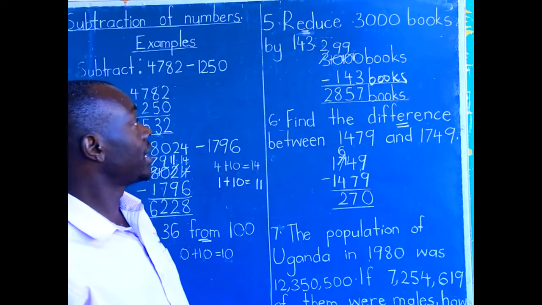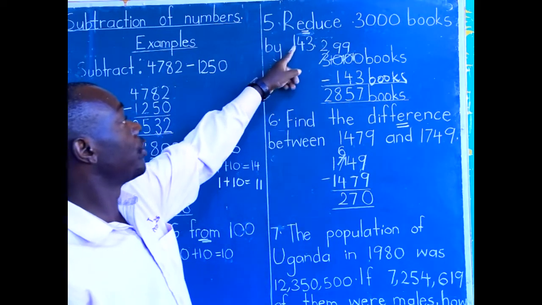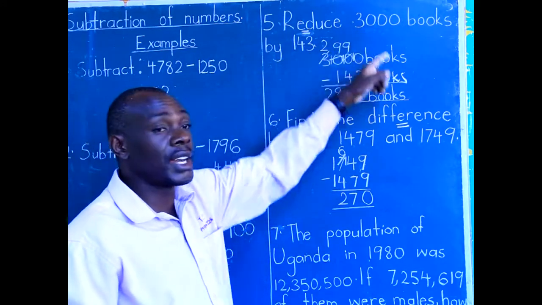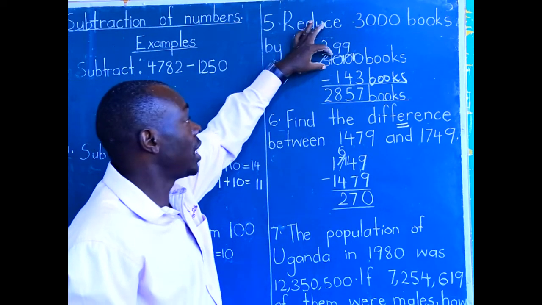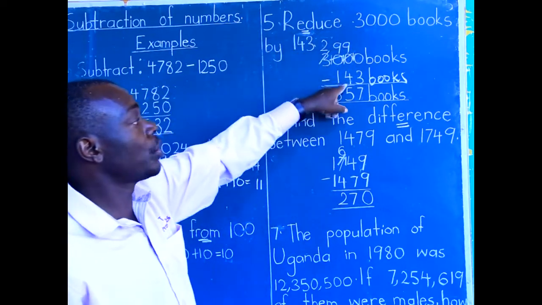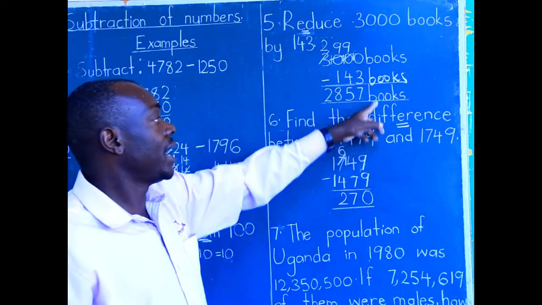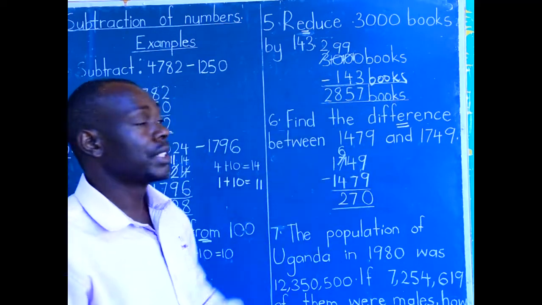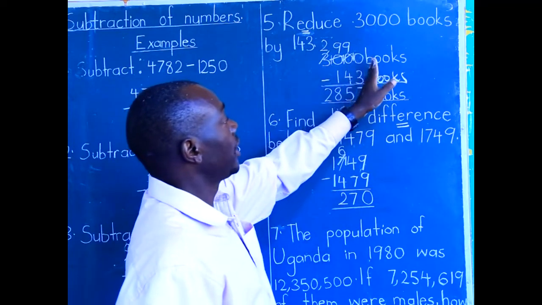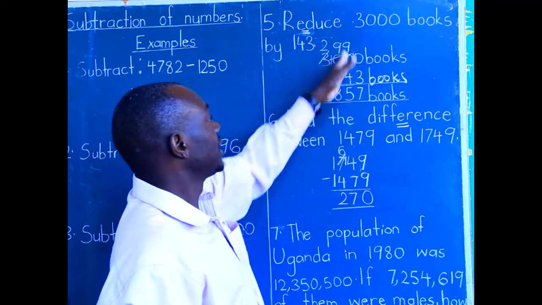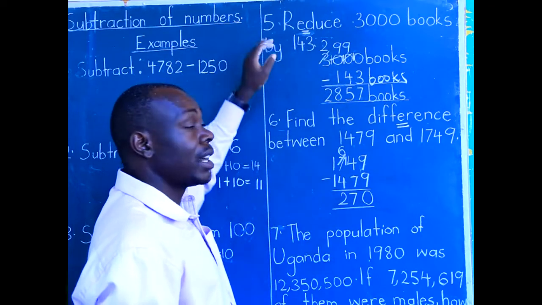So it's the same as take away 143 books from 3,000 books. So thereby writing 3,000 books on top minus 143 books. Remember to write the word books before you start. And again, remember to order them in the place values of ones, tens, hundreds, and then thousands.